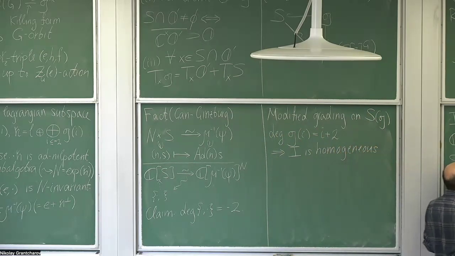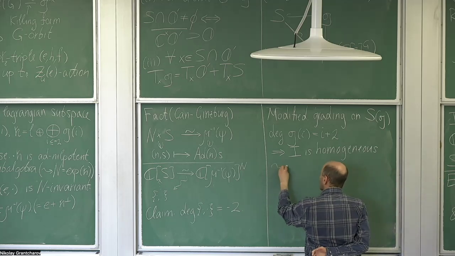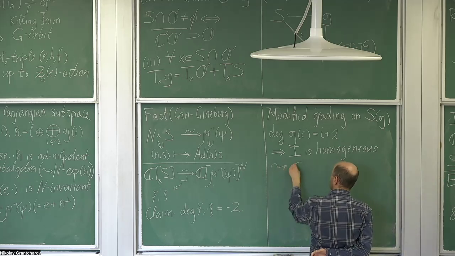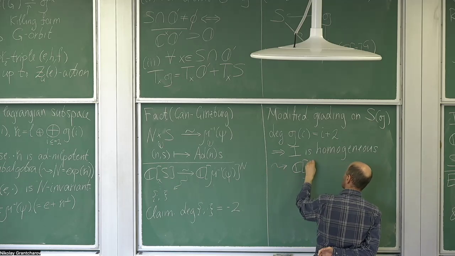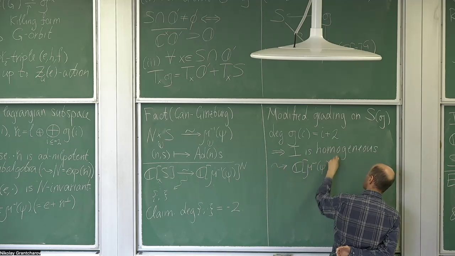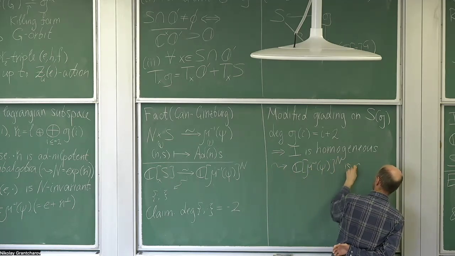Because the only kind of non-homogeneous part, a priori non-homogeneous part, comes when this pairing is non-zero. Psi has degree 2, pairing is non-zero and has degree minus 2, now declared to have degree 0. Then, of course, the Hamiltonian reduction requires grading.